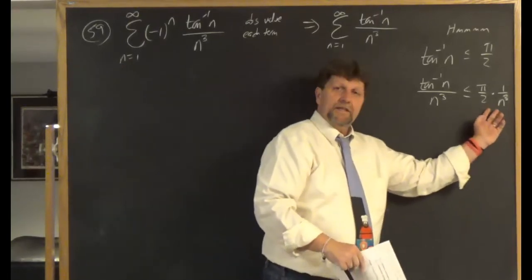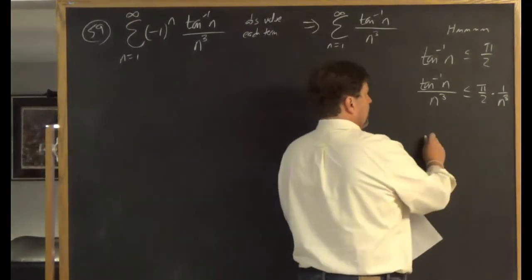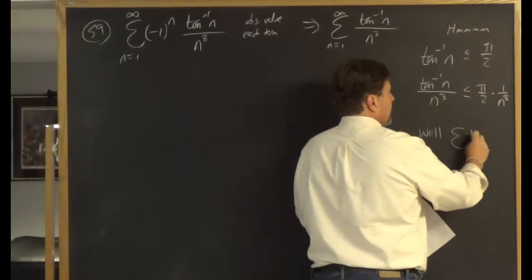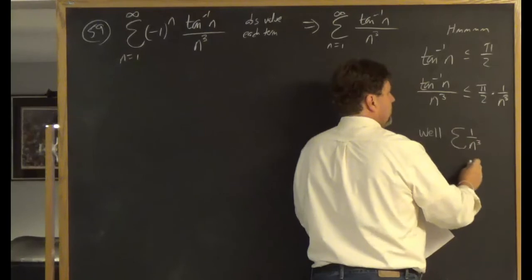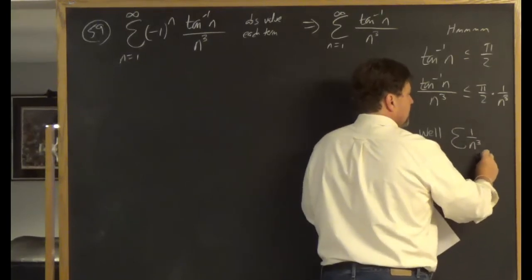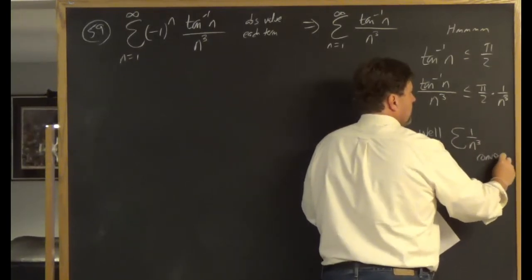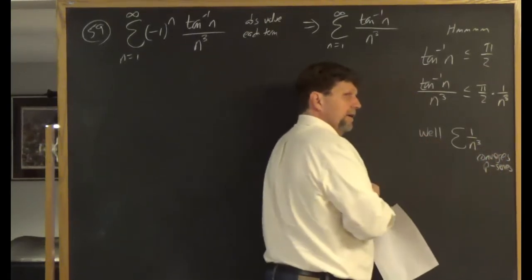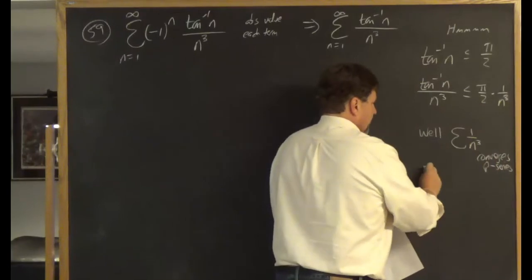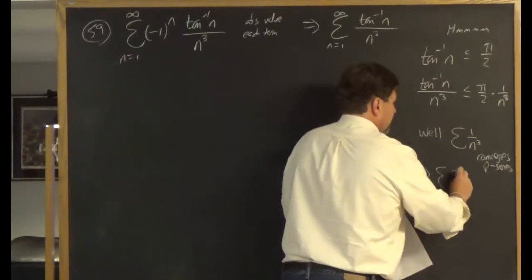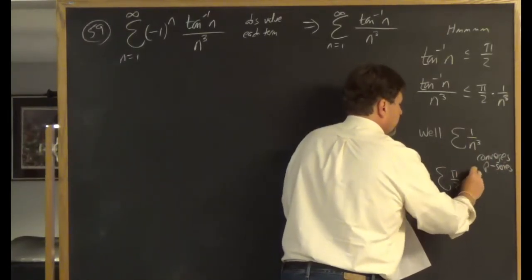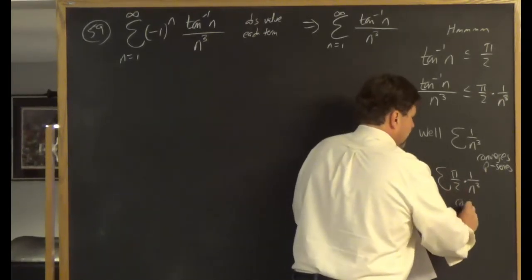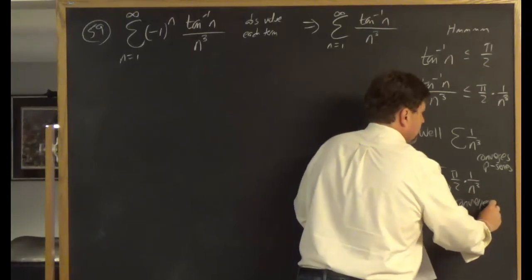I look at this and I say, well, the series 1 over n cubed, we know that's a p series. So we know it converges. p is 3. That tells me the series pi over 2 times 1 over n cubed, I know that series converges.